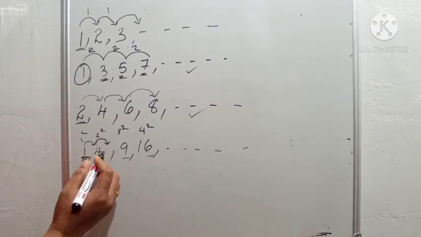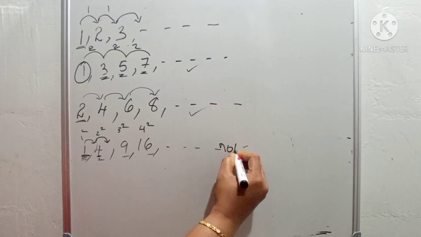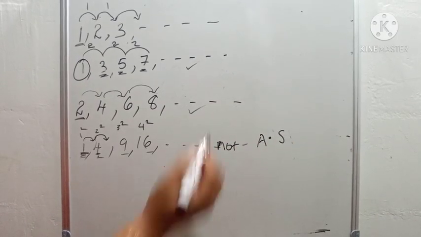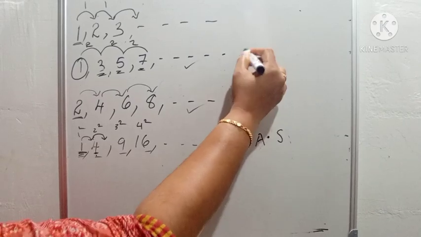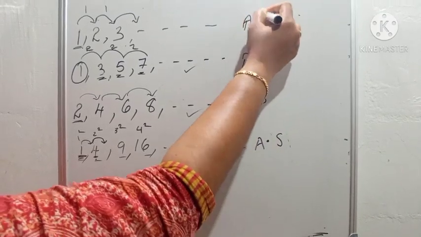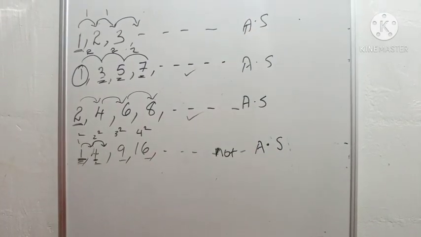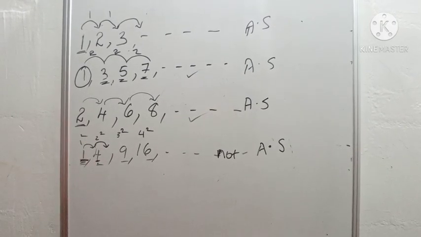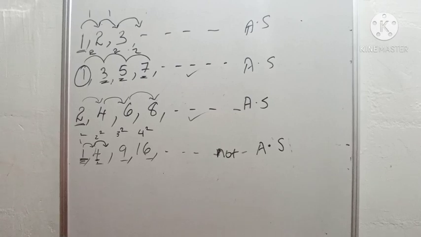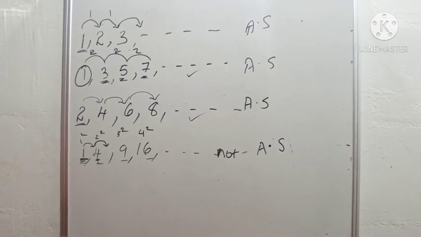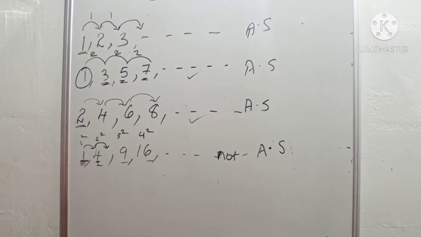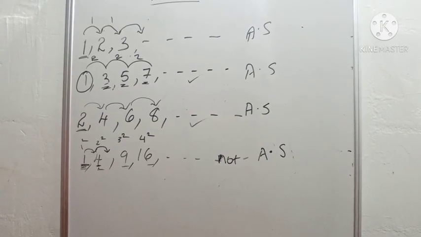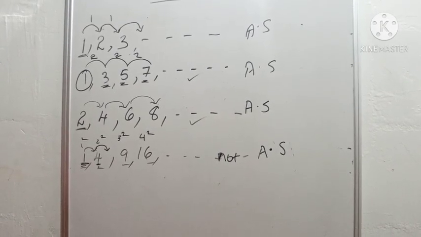So this one is not an arithmetic sequence, while the others are arithmetic sequences. The sequence of perfect squares is not an arithmetic sequence because the difference between the numbers is not common in the set of square numbers.